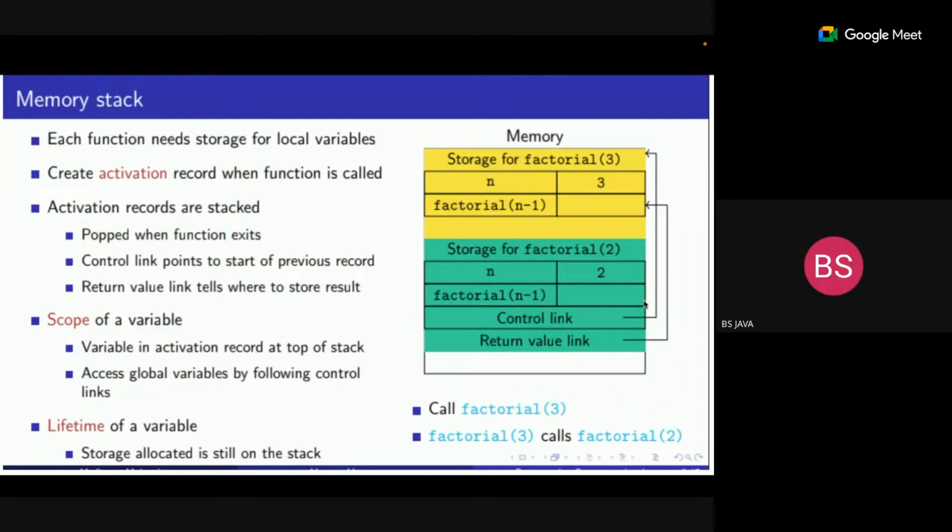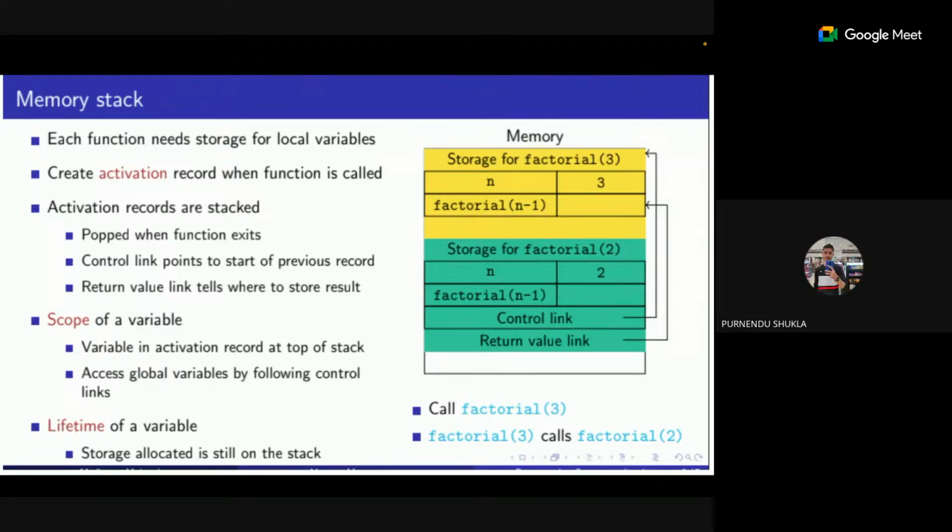That value will come here, and the value that is returned by factorial of 2 should go to the previous call. Whatever the function generates as output should go back to the previous call. For that, we need the return value link. So it's kind of a pointer, which points to the location where it has to store the value.